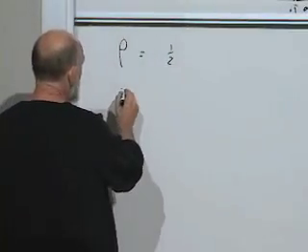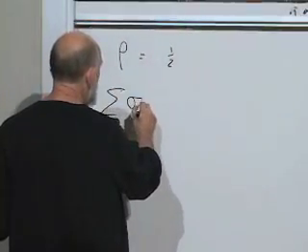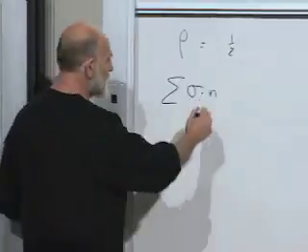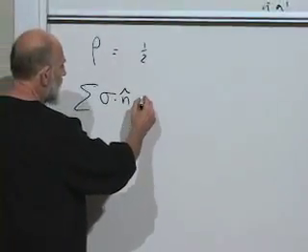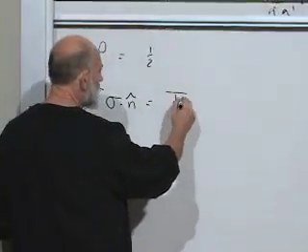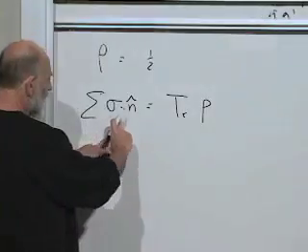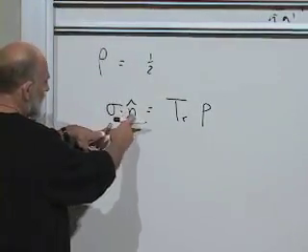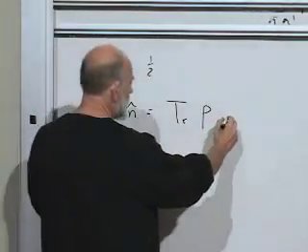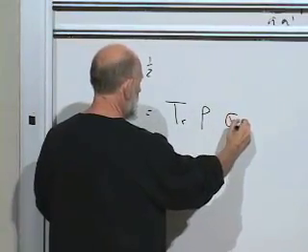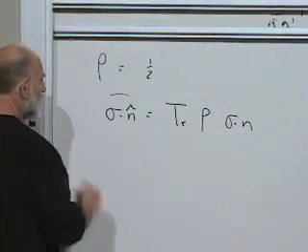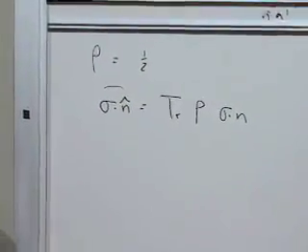The expectation value of any component of spin along any axis is equal to the trace of rho times sigma dot n. That's the average of sigma dot n.